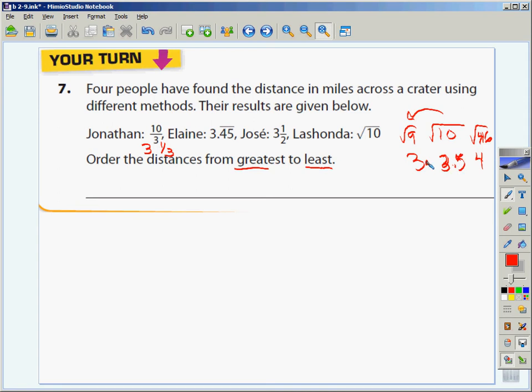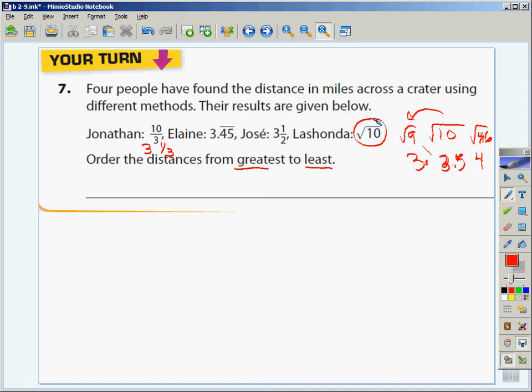It's probably in the neighborhood of 3.1 or 3.2. Okay? Which one's the smallest? LaShonda should be the smallest. Somebody punch in the square root of 10 on the calculator. 3.1 something, isn't it? Okay.